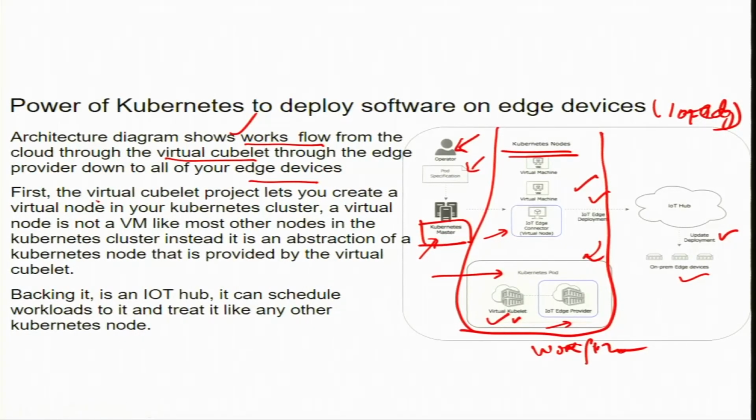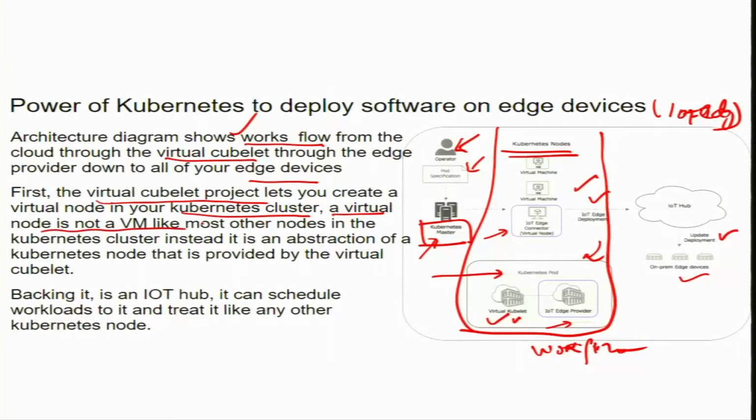First, the virtual kubelet project lets you create the virtual node in your Kubernetes cluster, and that cluster consists of these kinds of things, or these nodes which are running as IoT nodes.